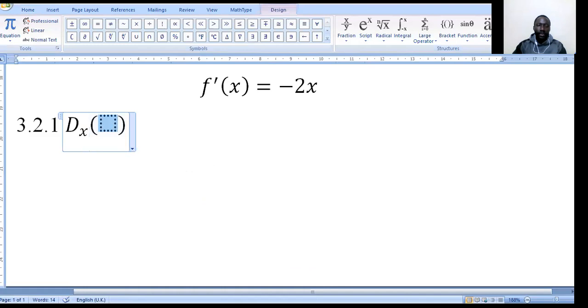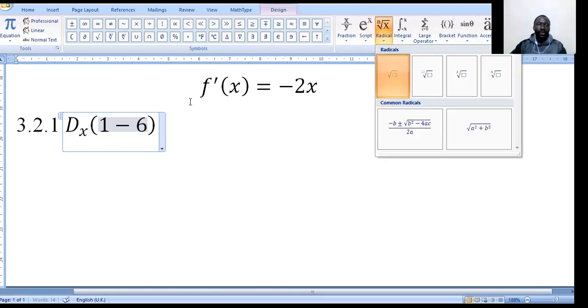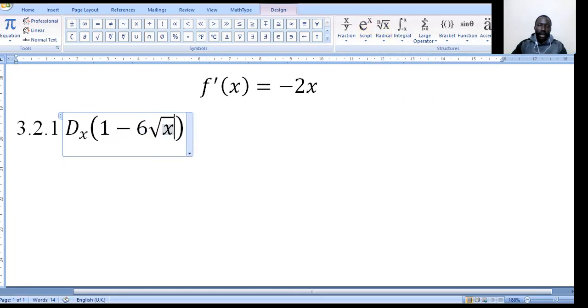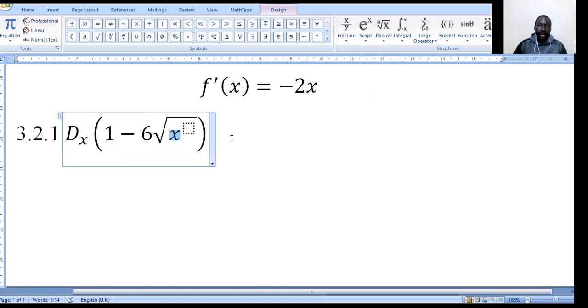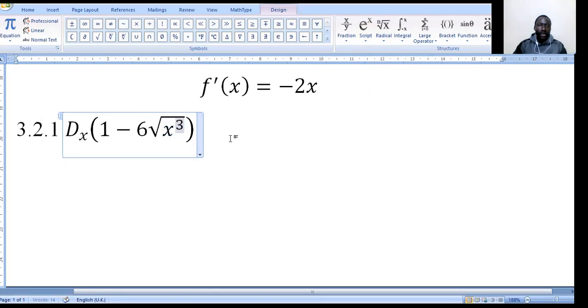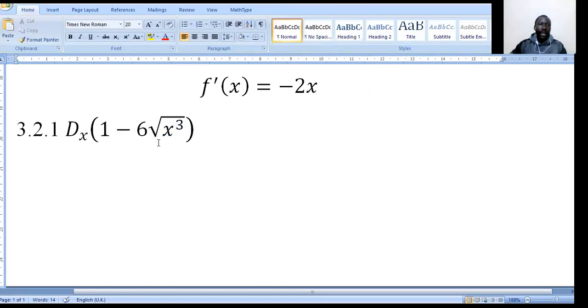We have it as 1 minus 6 times square root of x cubed. Now, I noticed this was also an issue while I was marking. You guys were having difficulty with simplifying 1 minus 6 square root of x cubed, especially this part here.